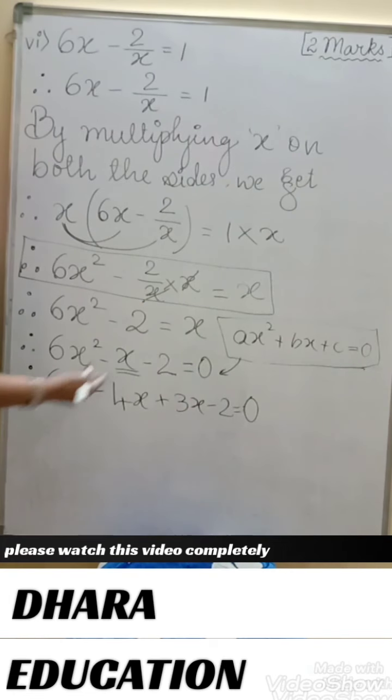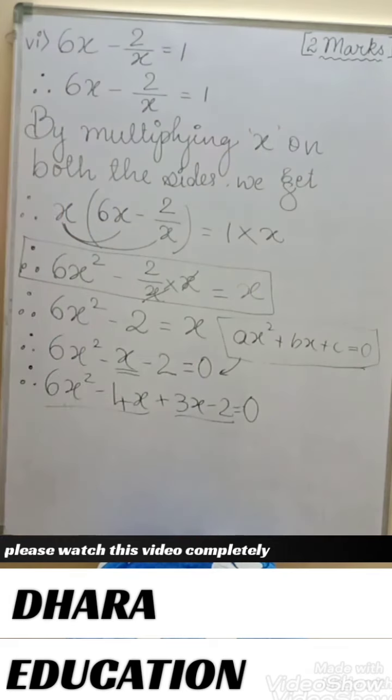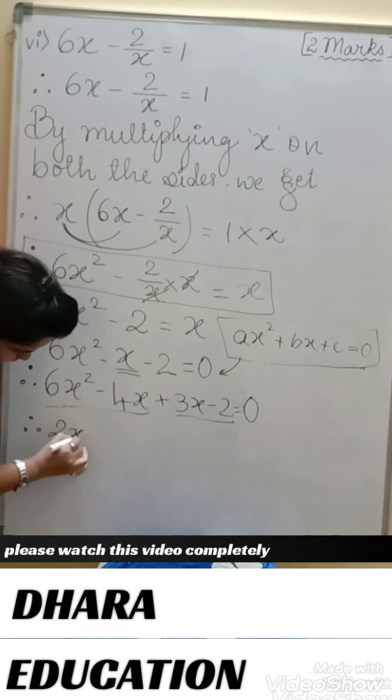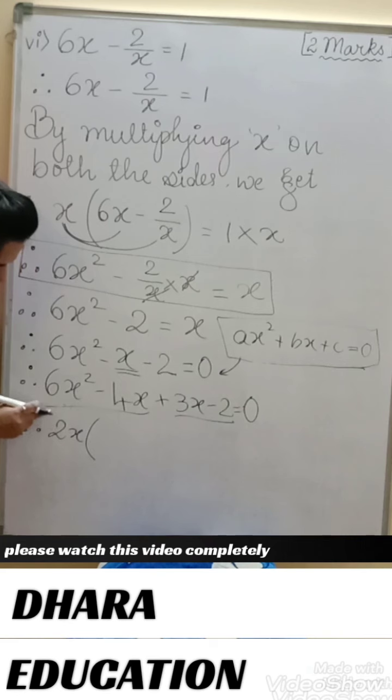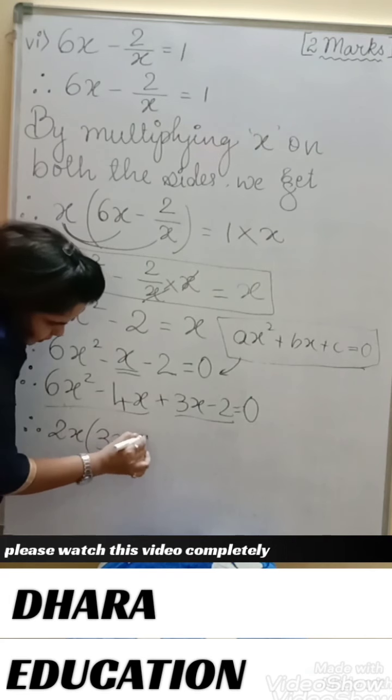So now after splitting this, our next step, as usual, will be pairing, and then the common factor of these two. This common factor is 2x. So 2 threes are 6. So 3x minus 2.